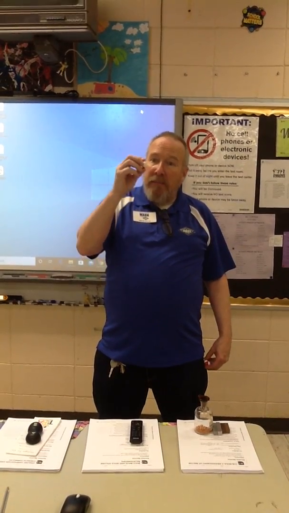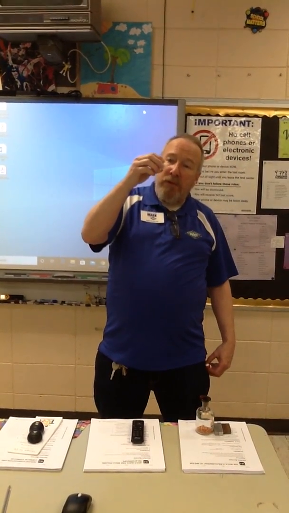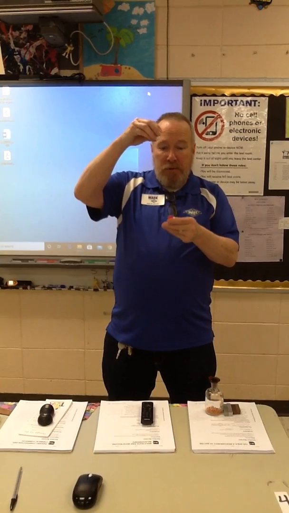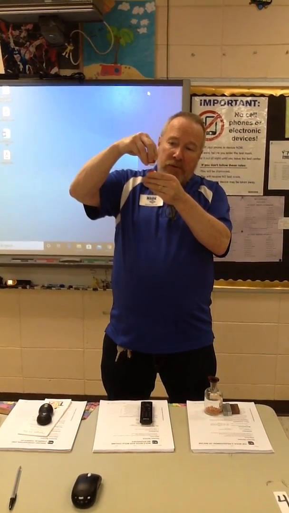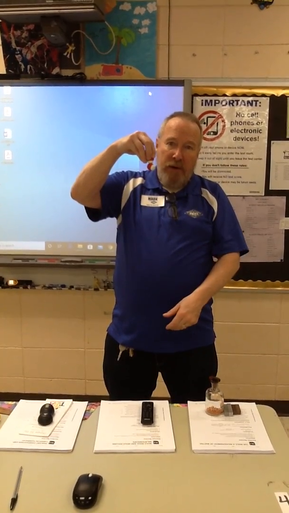But it pulls those electrons it's sharing with the hydrogen atoms into itself, leaving the oxygen side of the molecule slightly negatively charged, and the hydrogens have a partial positive charge. Well, you have opposite charges, and opposites attract. Now, of course, that's a magnet, but the concept is similar.